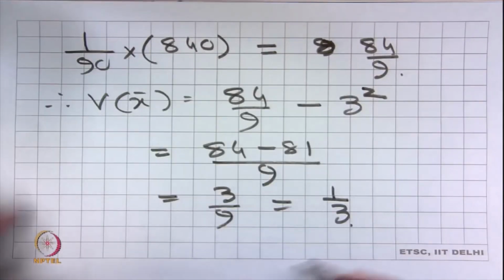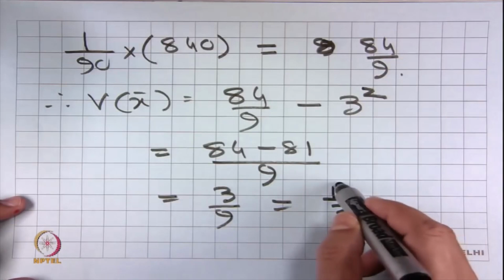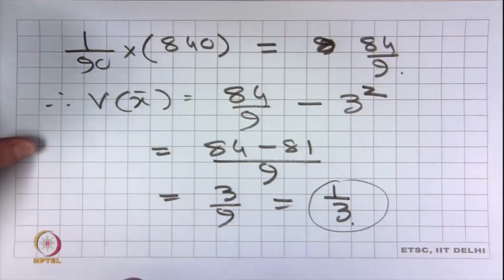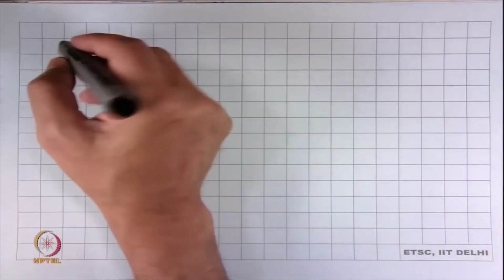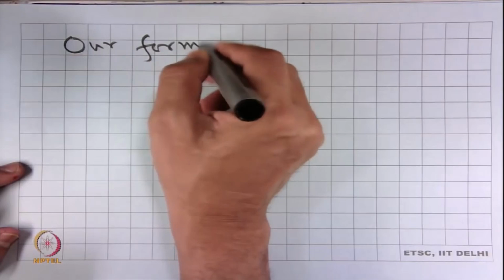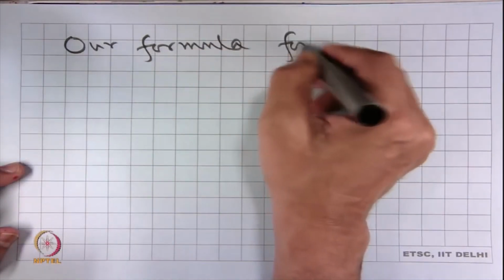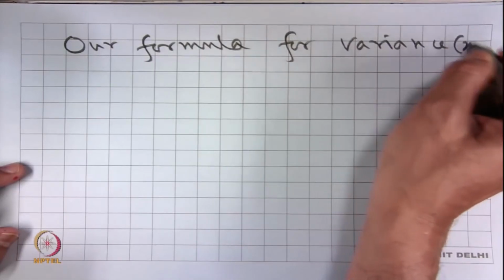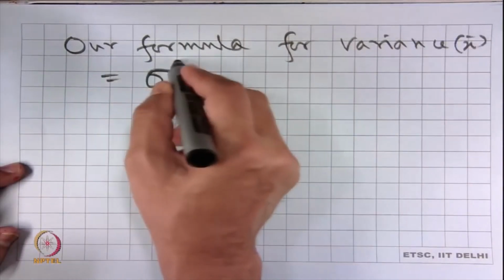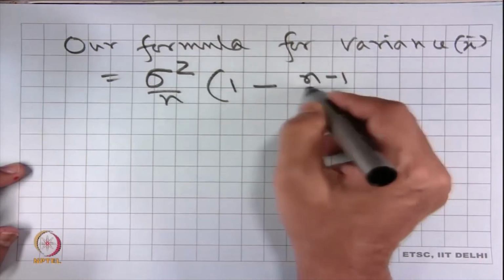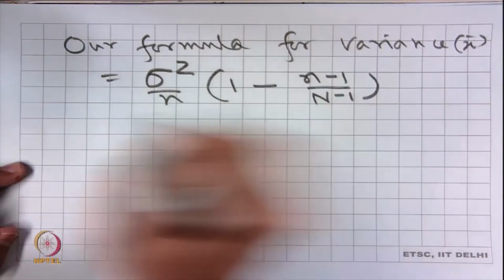Therefore, under SRS WOR, the variance is coming out to be 1 upon 3. Our formula for variance is sigma square by n into 1 minus n minus 1 upon N minus 1.